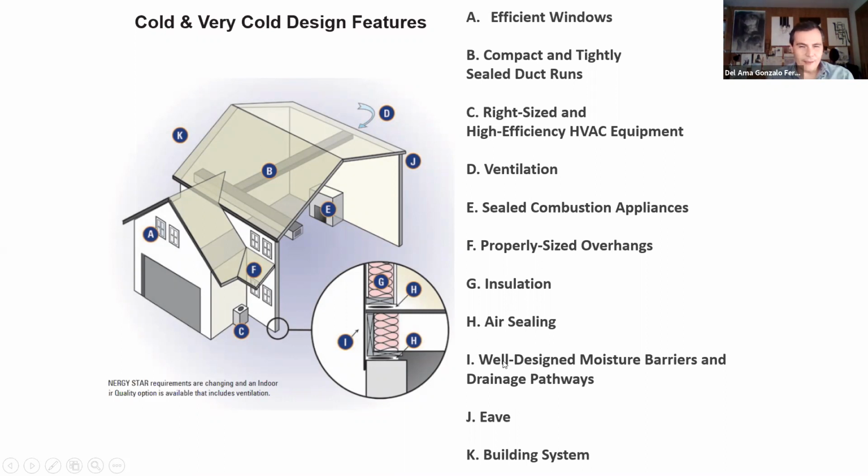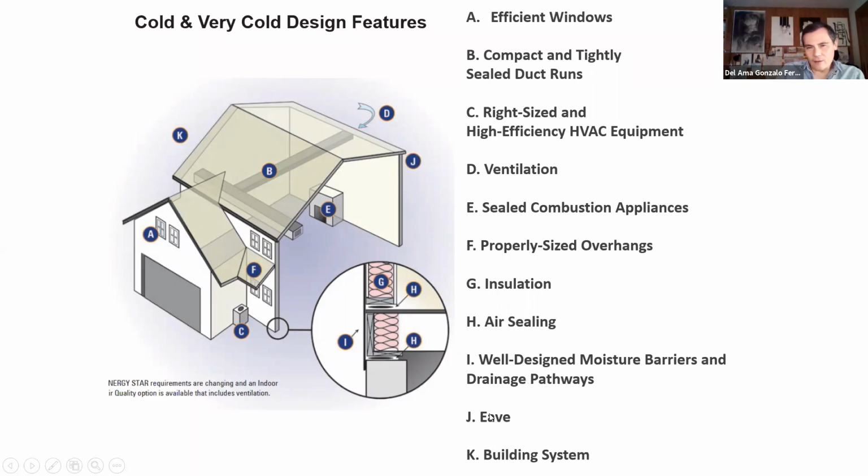But it's important, and it has to do with air sealing, because both issues are connected. If we don't have good air sealing, there will be moisture issues as well.